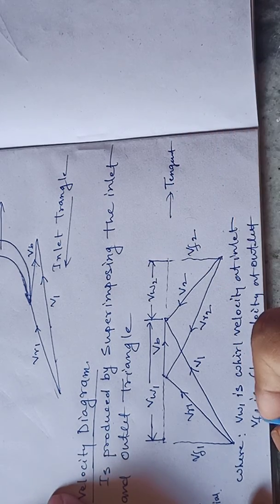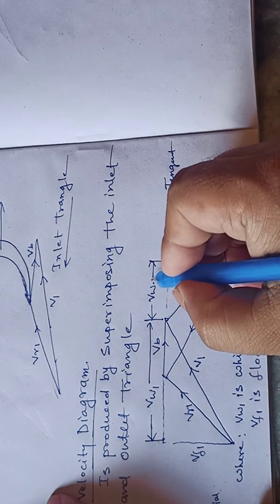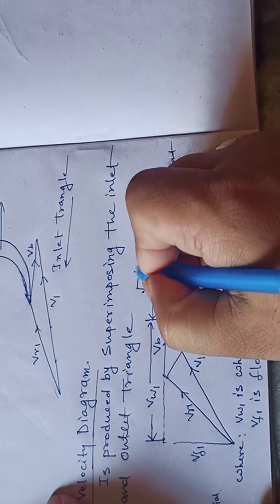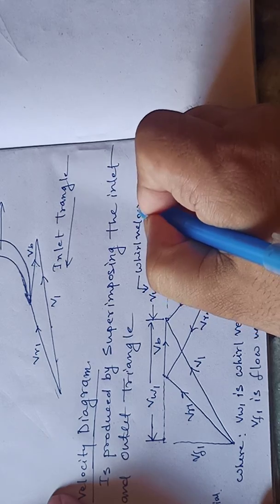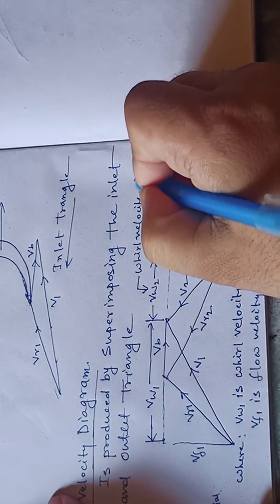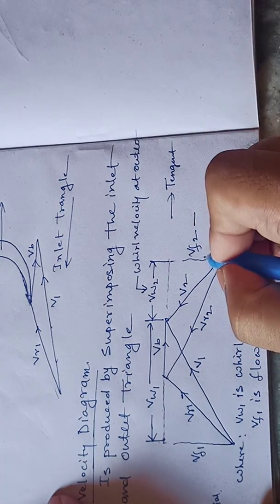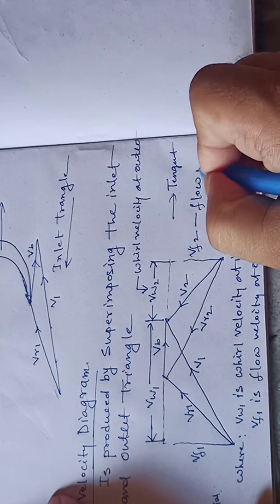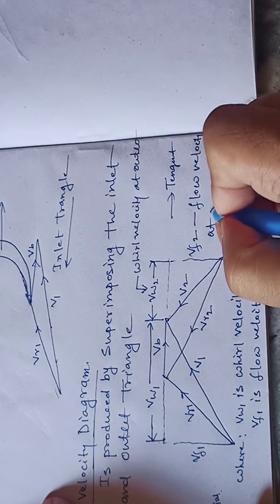Similarly, Vw2 and Vf2: this is the whirl velocity at outlet, and Vf2 is the flow velocity at outlet.